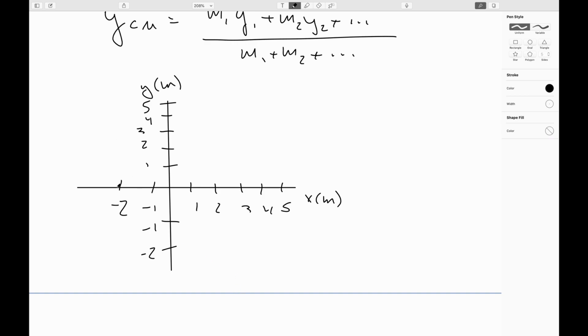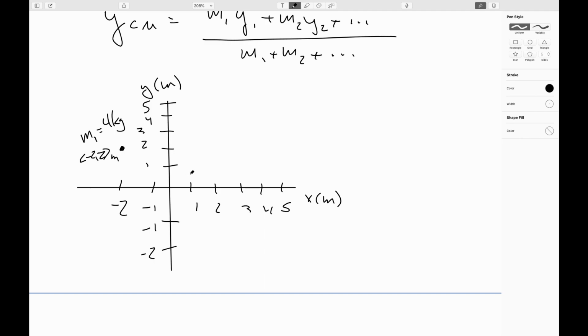And then again, let's just do 3 particles. So let's say at -2, 2, we have particle 1 with a mass of 4 kilograms. Note, again, this is -2, 2 meters.